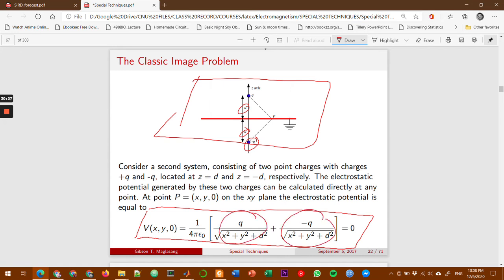We will use this, since it is given in the problem that the potential is 0 at z equals 0. Of course, if you add them, it is 0, right? Opposite sign, but the same magnitude.